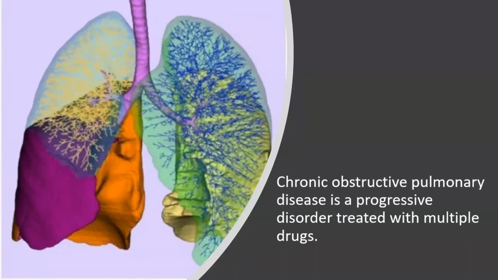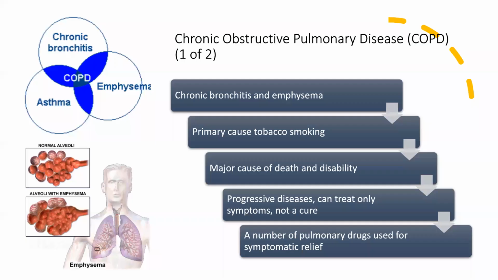Another one is chronic obstructive pulmonary disease, COPD, which is a progressive disorder treated with multiple drugs. COPD is chronic bronchitis and emphysema. Its primary cause is tobacco smoking, a major cause of death and disability.